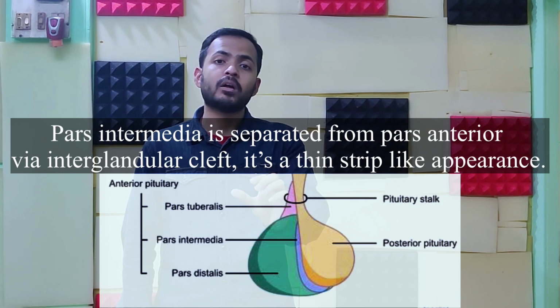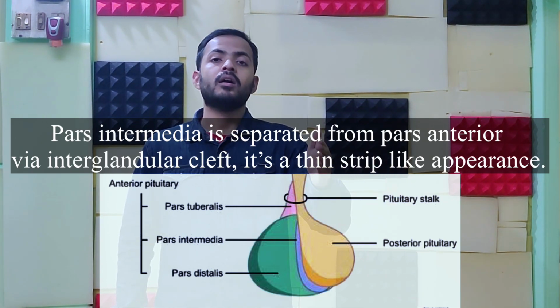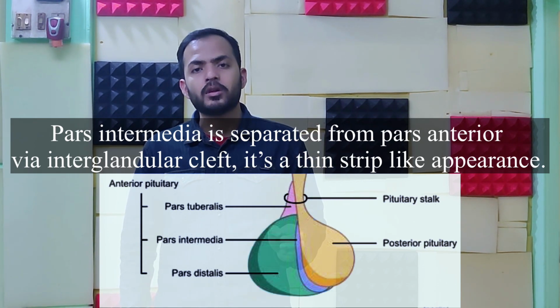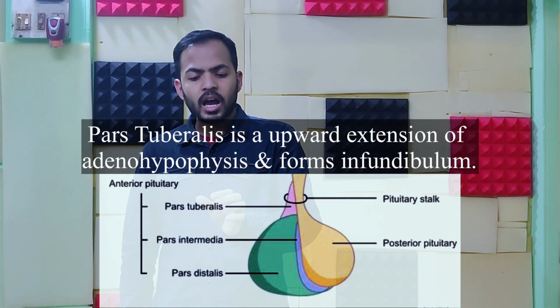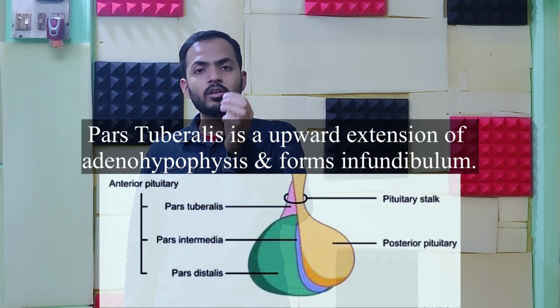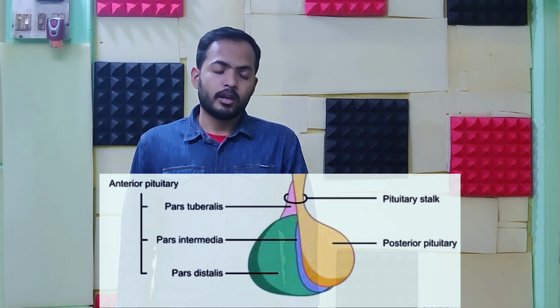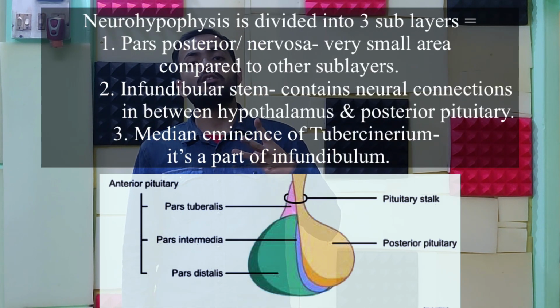Now, the pars intermedia is separated from the pars anterior by the interglandular cleft, and it has a very thin, strip-like appearance. The pars tuberalis is an upward extension of the anterior lobe, and it actually forms the infundibulum. Now the posterior segment, or neurohypophysis, is also divided into three sublayers.